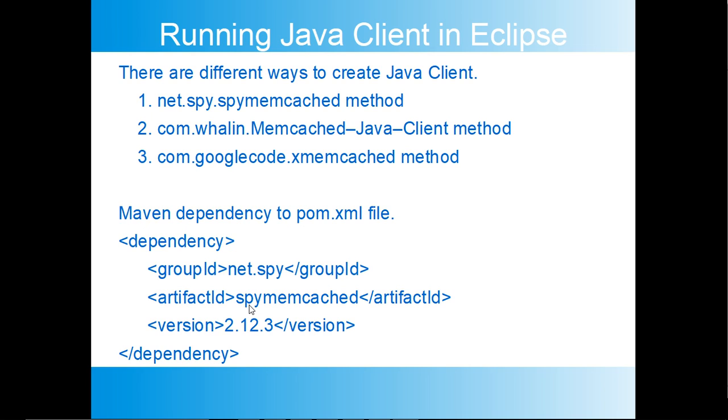If you use the spymemcached library, you can also use this library or Google Code. There are a lot of samples where you can manage the key value pairs in memory, in the computer or the server, in the memcached server.